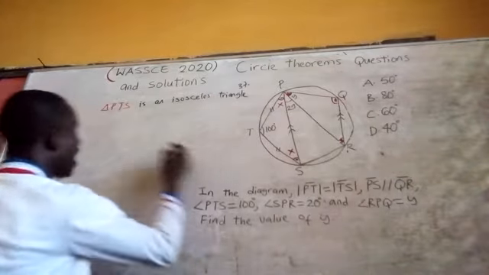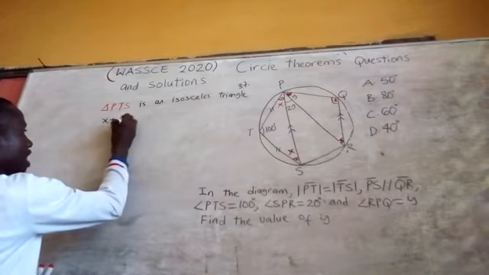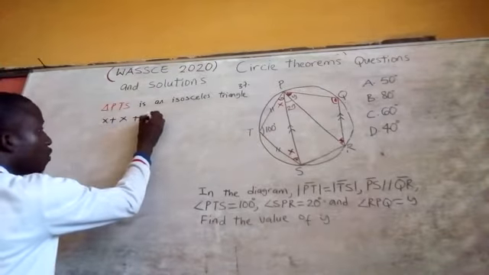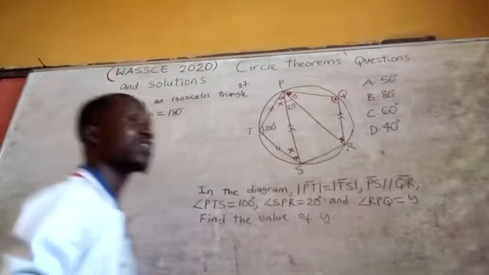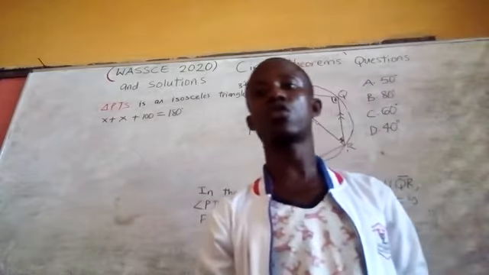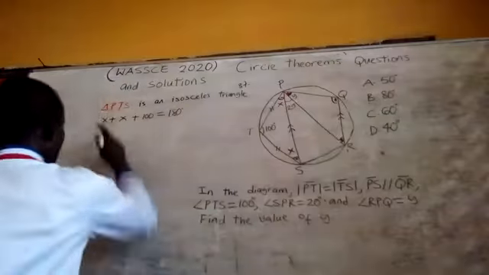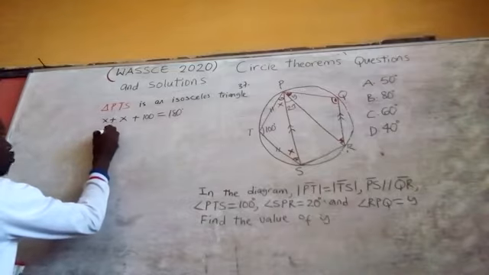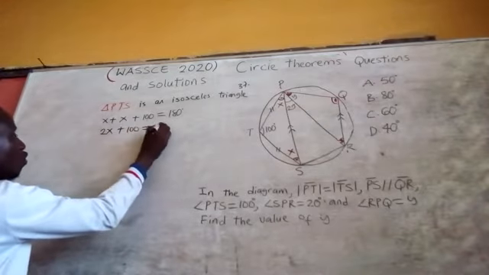Therefore we have x plus x plus 100 equal to 180. The reason is that the sum of all the interior angles within a triangle is 180 degrees. So here we have 2x plus 100 equal to 180.